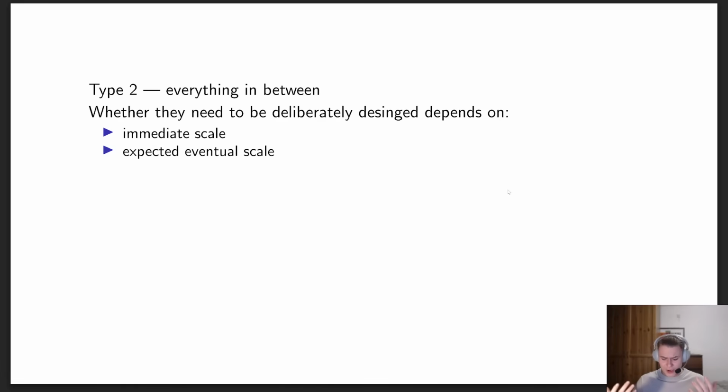If you're writing the second thing, this is very relevant for your decision of whether you should, and how much of your time you should, spend coming up with a deliberate software design.